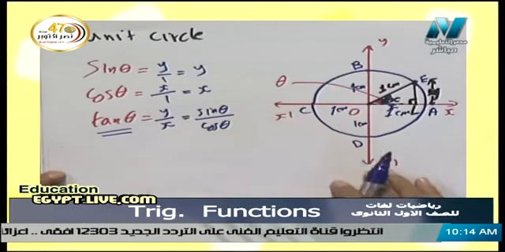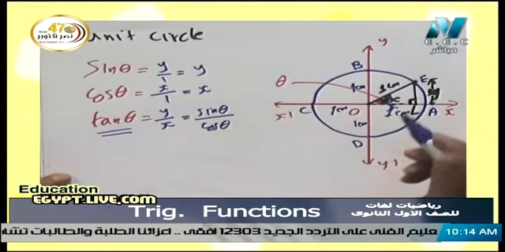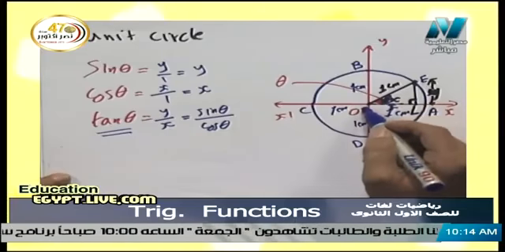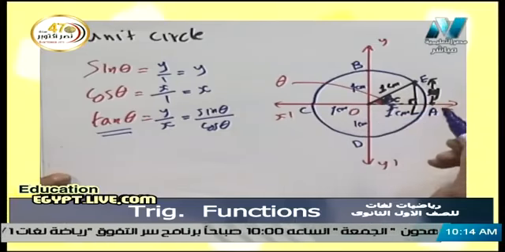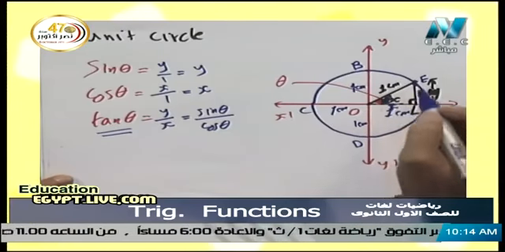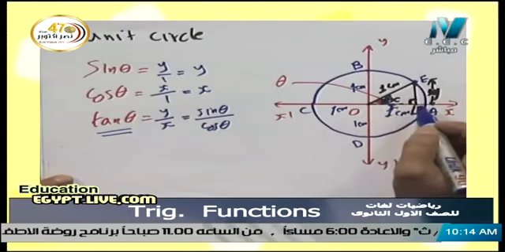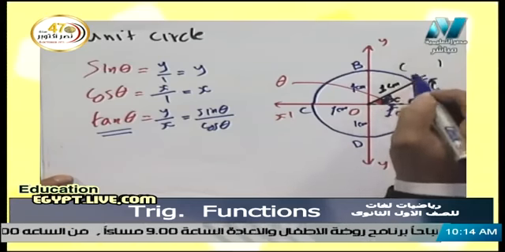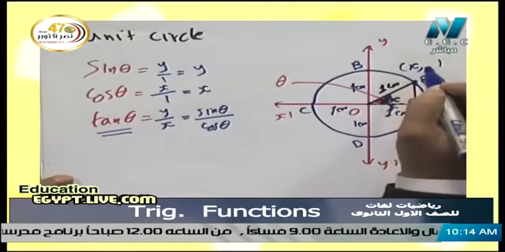Okay, so when we deal with the unit circle, we know that the hypotenuse equals 1, and so sine theta here is y and cosine theta is x. And don't forget that this point has coordinates x and y.